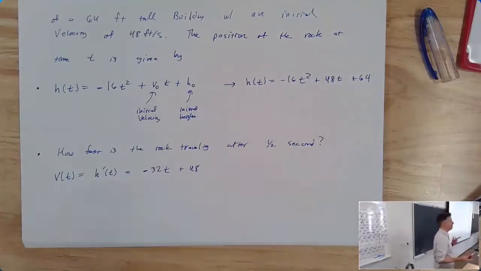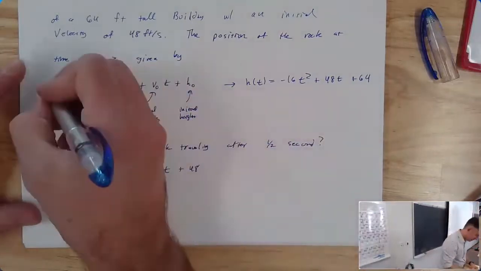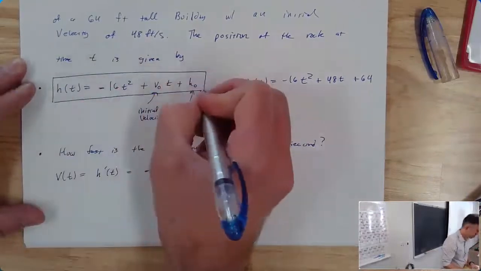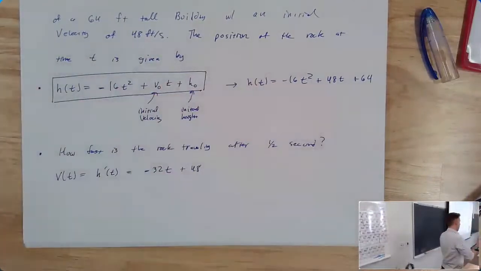I should say this is specifically for objects that are falling, or going up and then falling. If it's only being impacted by gravity, then this is the situation we deal with. There are certainly other position equations someone could make up for a car or something else, but this is the very specific general equation for an object that is being thrown into the air or is falling in the air.